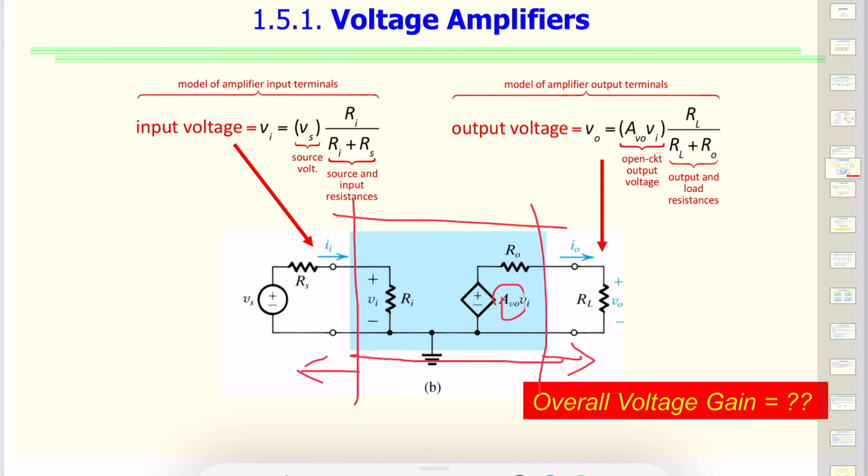And then there is the output resistance, on the output side, that takes care of the change in the output voltage when current is drawn by the load.